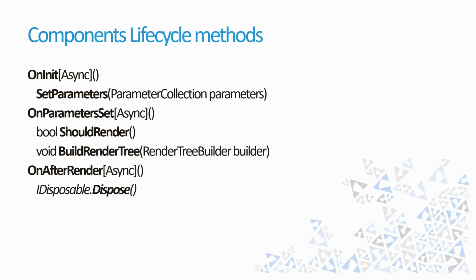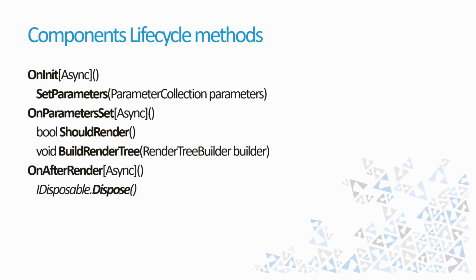The very first one is the constructor, then it's the OnInit method at the very beginning. Then we've got SetParameters with the parameter collection. This is a method you are able to override, and this is the method where the parameters are passed from the higher level component to you, and you can manipulate those parameters before setting them to the real properties.